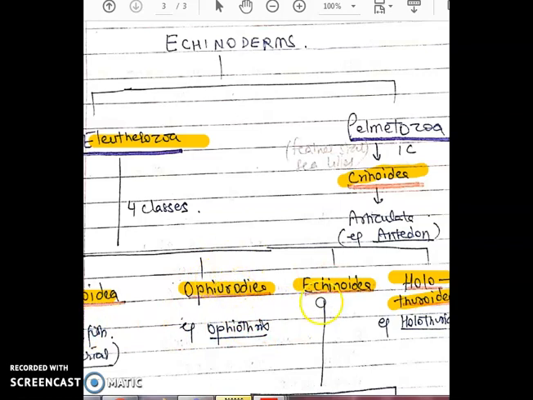In Echinoidea class, it is the Echinopluteus larva. In Holothuroidea, there are 2 larvae, Auricularia and Doliolaria, and in Crinoidea class, there is 1 larva, the crinoid larva, also known as pentacrinoid. These are the larval stages found in the life history of echinoderms.